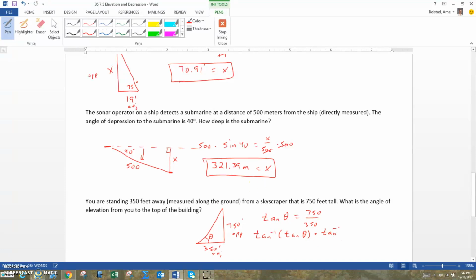We must do that to both sides to keep it balanced. Inverse tangent and tangent undo each other, so that leaves us just theta. If we take the inverse tangent of 750 over 350, we should end up with about 64.98 degrees for our angle of elevation.